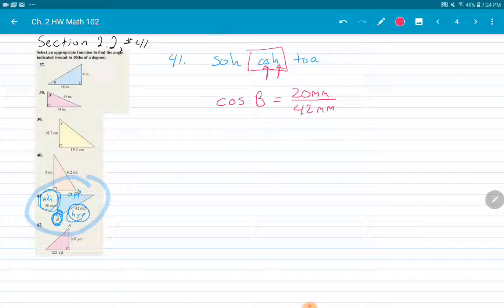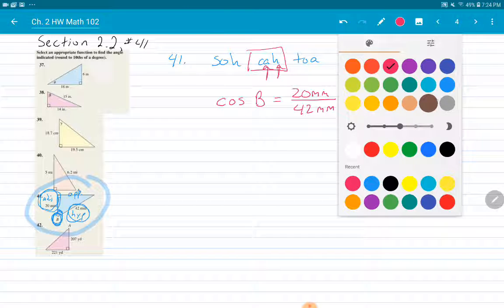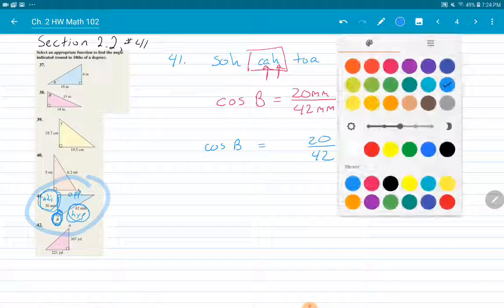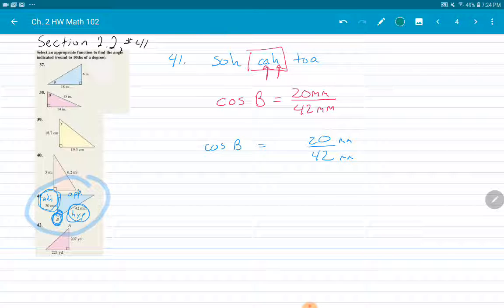Then to solve for the angle, I'm actually going to rewrite this, spread it out a little bit in blue. We want to get B by itself, so we have to undo this cosine part.